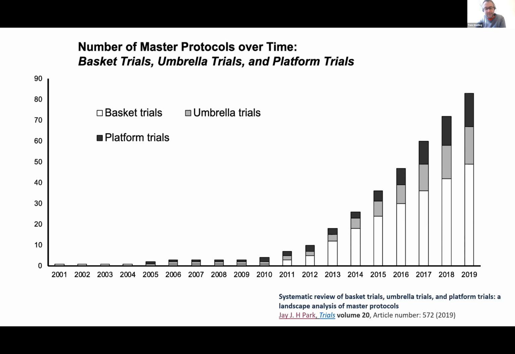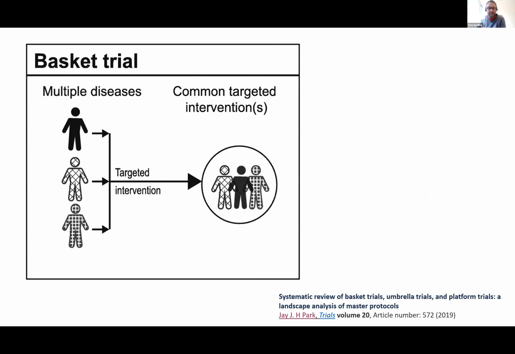There are three sort of major flavors of these platform designs. One is the basket trial, and most of these trials have been sort of basket designs. Another is the umbrella design, and thirdly, the full platform design.